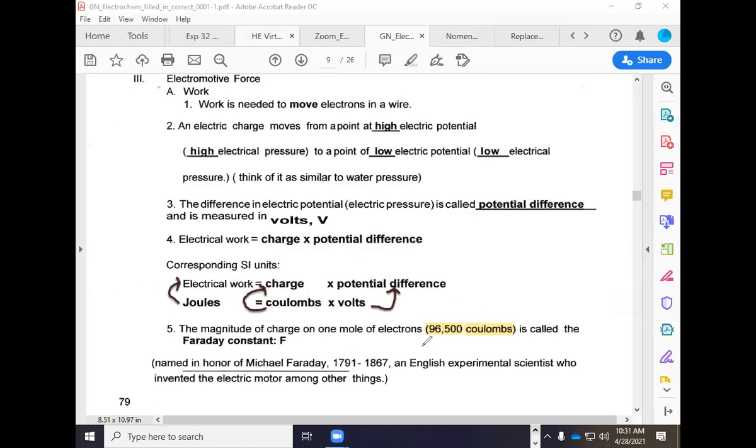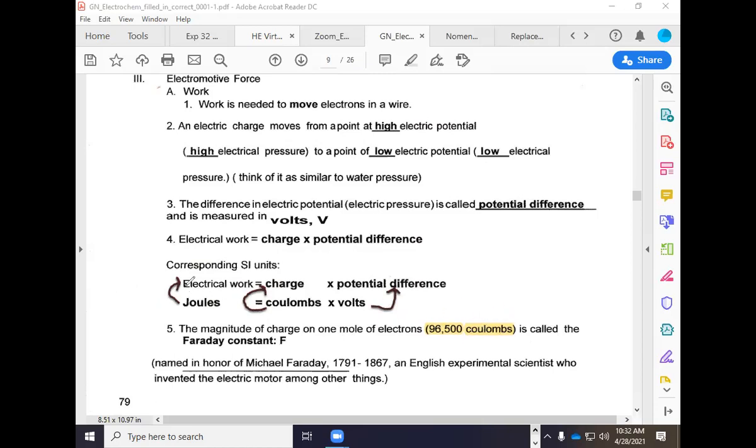Actually, we're going to have an equation coming up where we have to use it. We'll get there. We haven't gotten to that equation yet. I'm ahead of myself. This is just telling you that 1 mole of electrons has this many coulombs. And we do have an equation coming up where we will use this Faraday's constant. So you would want this on your cheat sheet for sure.